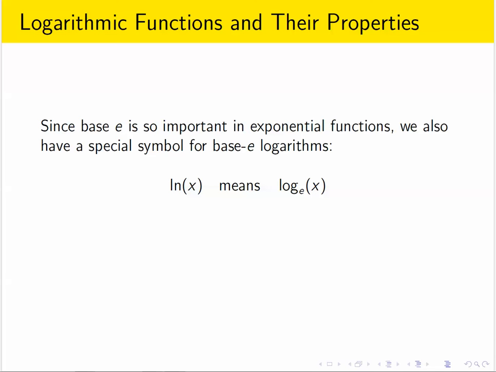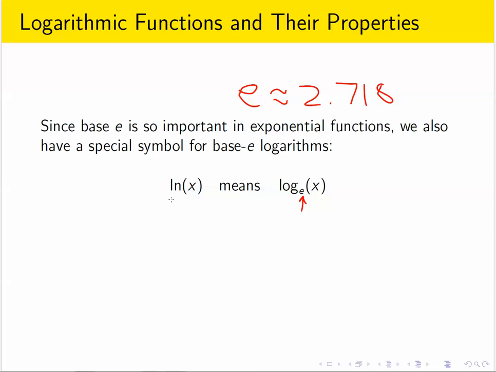There's another base that's also really important in mathematics, especially when we get to calculus, base E. Remember, E is Euler's number. It's approximately 2.718. And just like we can use a calculator to evaluate expressions involving Euler's number, there's also a button for evaluating logarithms, base Euler's number, base E. There's also special notation.